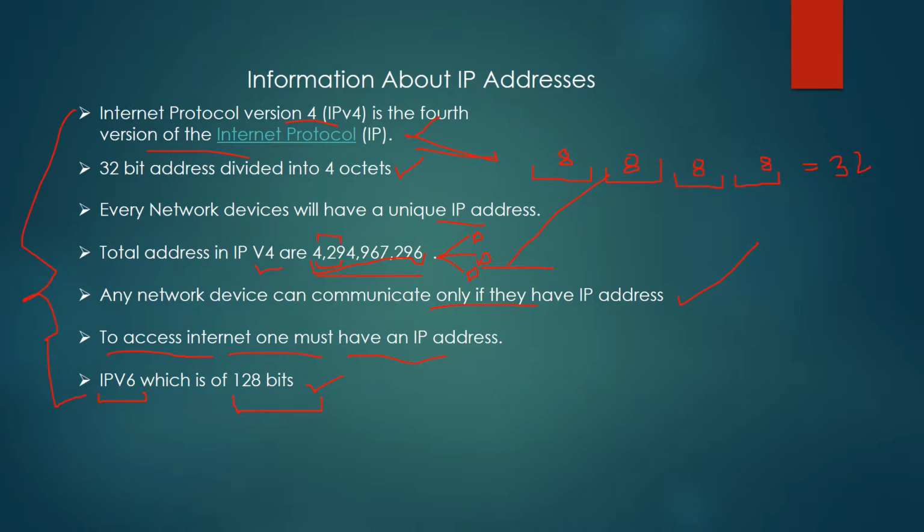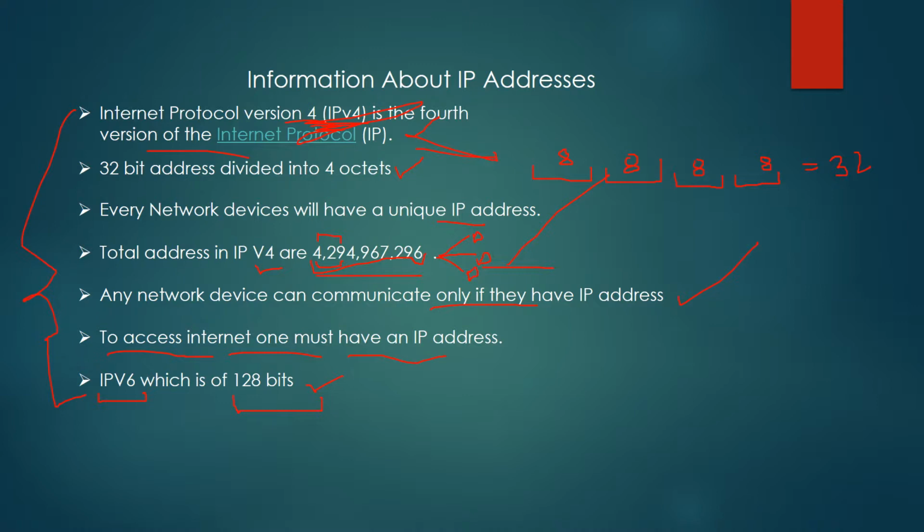So in the future we will use IPv6. Implementation has started right now also. There are some areas where we are using IPv6, but as of now IPv4 is the most popular protocol which we are using.